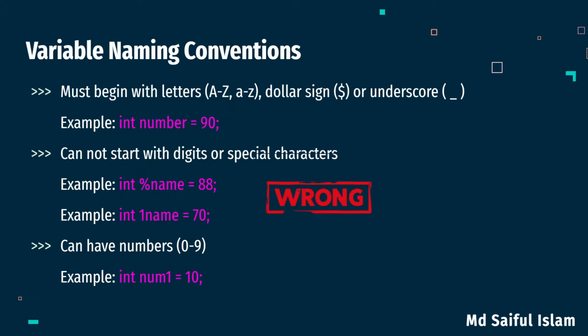While naming a variable, we are free to use any character from uppercase and lowercase letters, like uppercase A to uppercase Z and lowercase a to lowercase z. Besides, we can use the $ sign or the underscore sign as well. Apart from these characters that are mentioned, we cannot name a variable using any other character type.